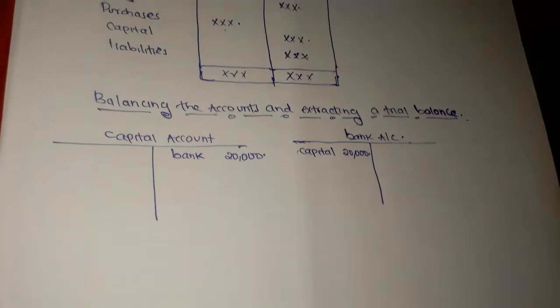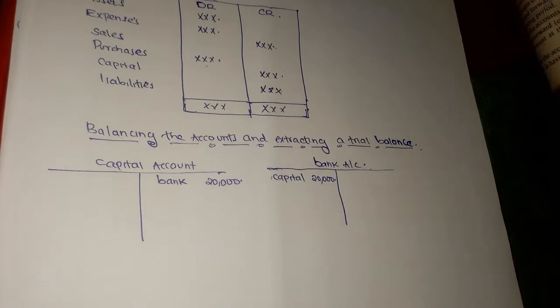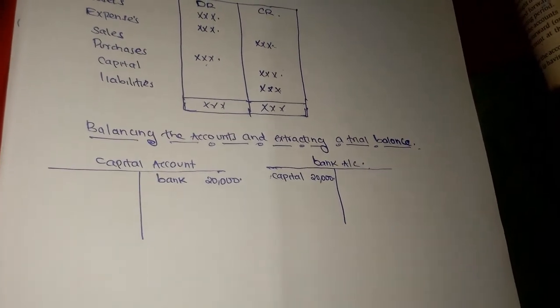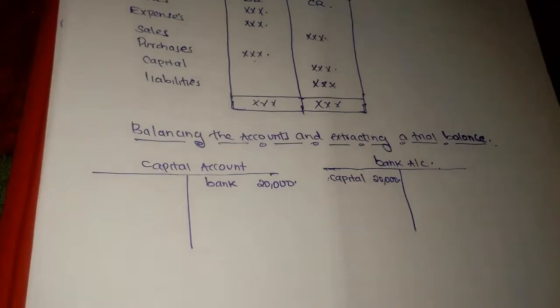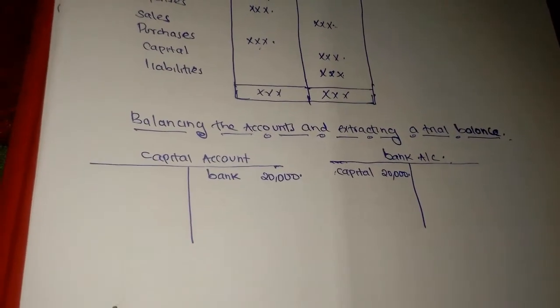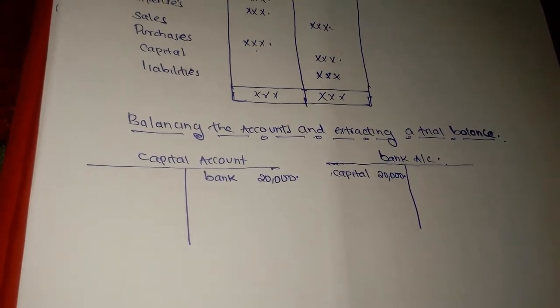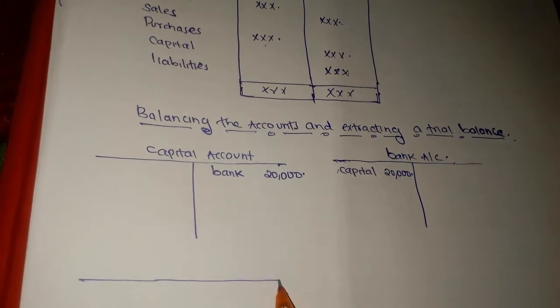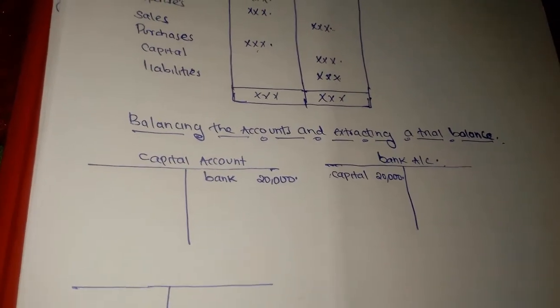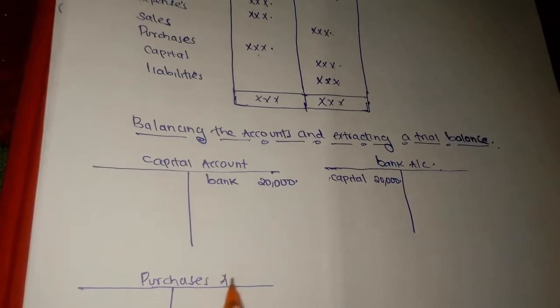Then the second question is bought goods for sale, cash 6,000. We bought goods for sale, so there was purchases, and we're going to open the purchases account.